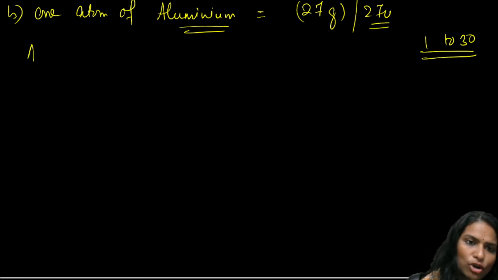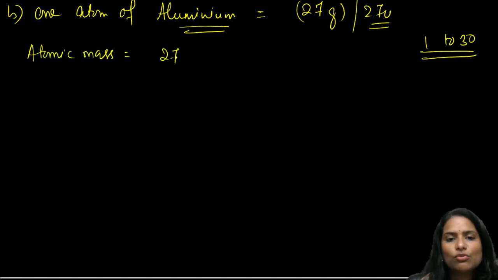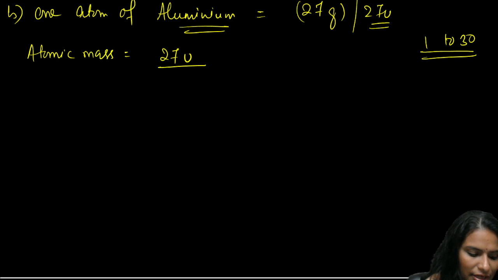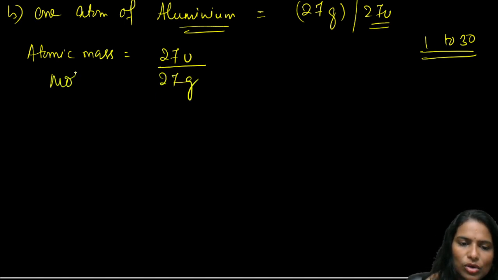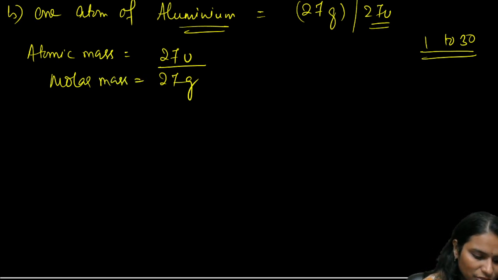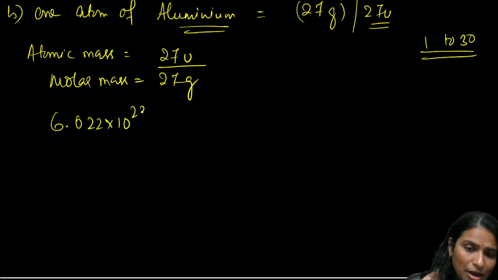So we know that the atomic mass of one aluminium atom is 27 U, so molar mass will be 27 grams. This is your molar mass or gram molecular mass, 27 grams. Now we know that in 1 mole, how many atoms are there? 6.022 into 10 to the power 23.